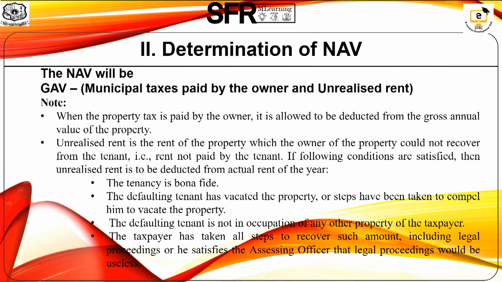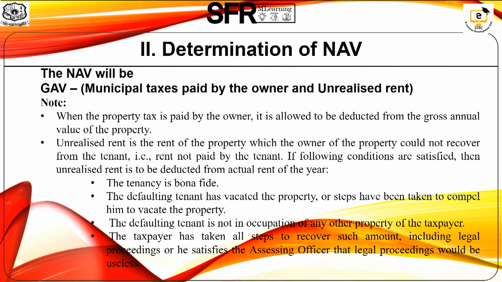That is, the tenancy should be bona fide and the defaulting tenant has vacated the property or steps have been taken by the assessee to vacate him from that property, and legal actions are taken against him for recovering the rent amount. Then only that amount will be treated as the unrealized rent and we can claim deductions from the gross annual value for computing the required net annual value.